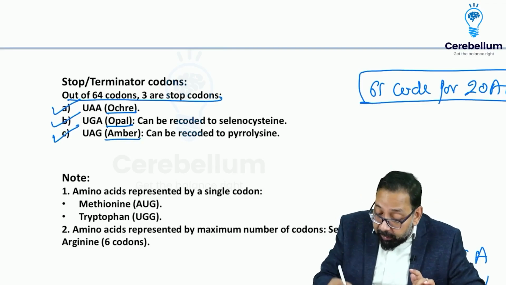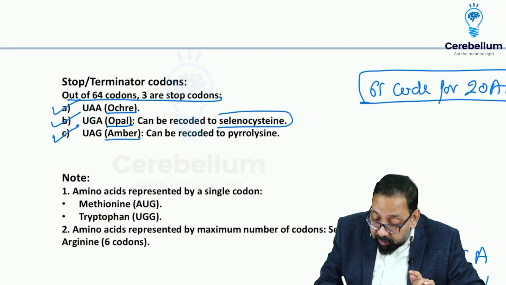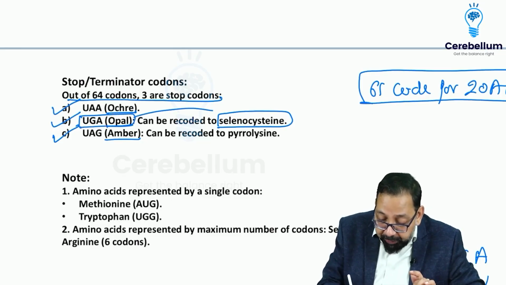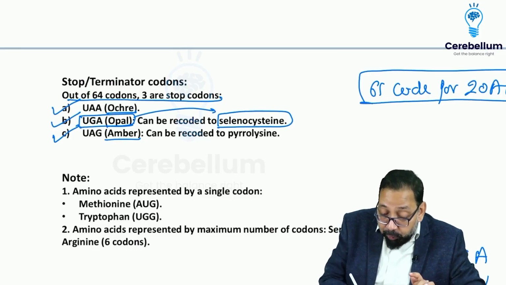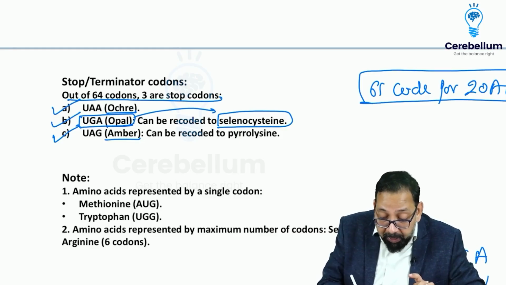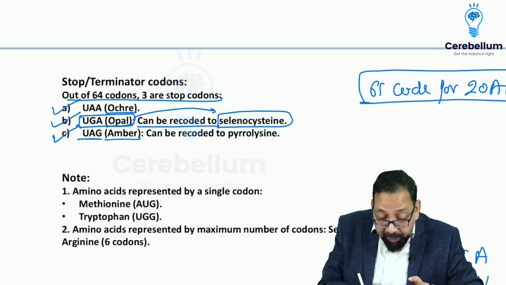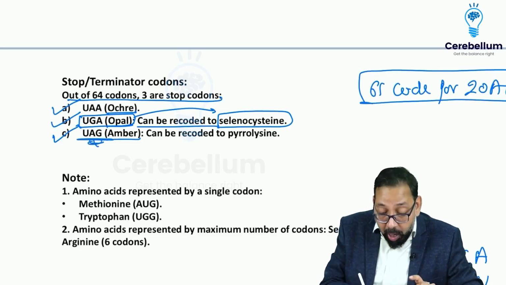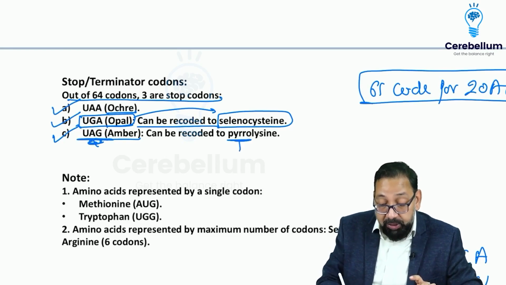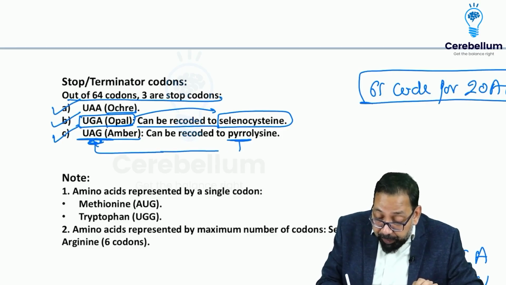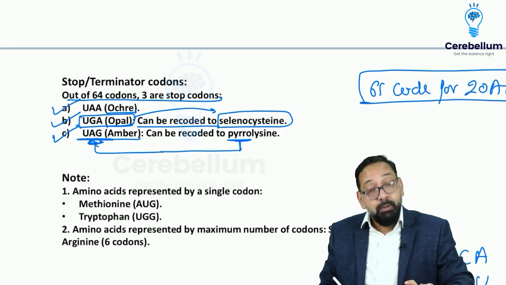We found that selenocysteine, the 21st amino acid, has the stop codon UGA, "yoga of Selena Gomez." So UGA is a stop codon but can be recoded to selenocysteine. Pyrrolysine is also used, so UAG can be recoded to pyrrolysine.